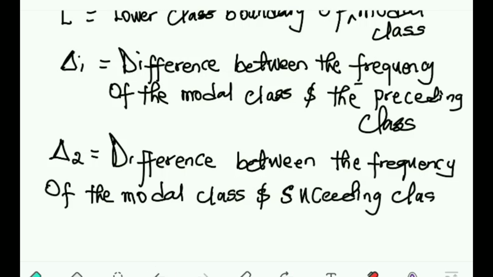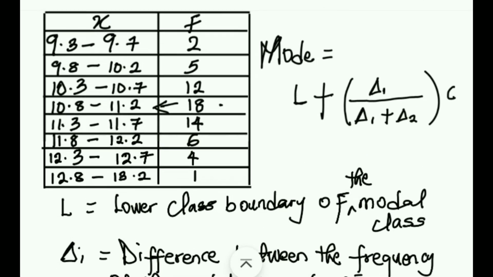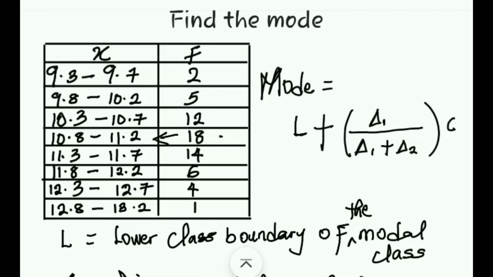In this case, again, the frequency of the modal class is 18, and the succeeding class means the next class. The next class frequency is 14.